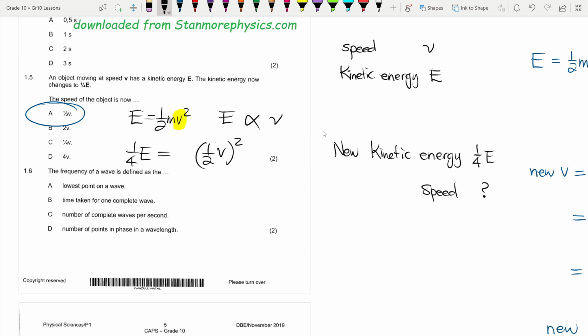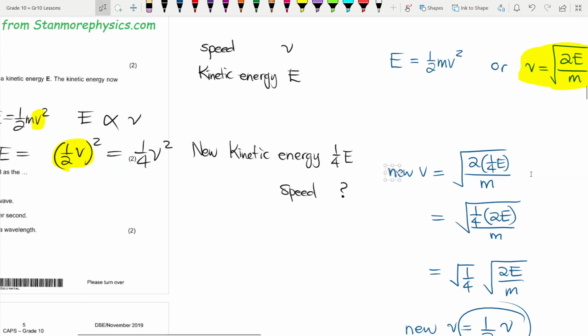I need to say 1 over 2 v in order to get 1 over 4 v squared. I'm not sure if this makes sense. Okay, it makes sense. Yeah, this already isolates the final answer for you, so you don't have to go to the trouble of doing all this calculation here.